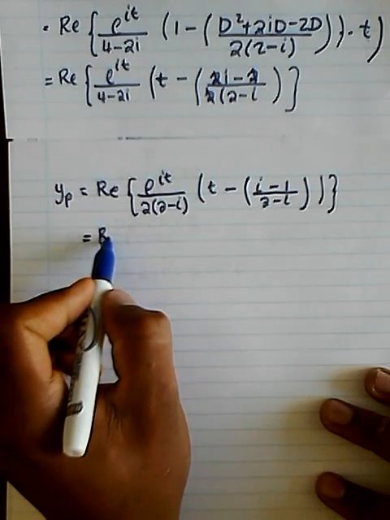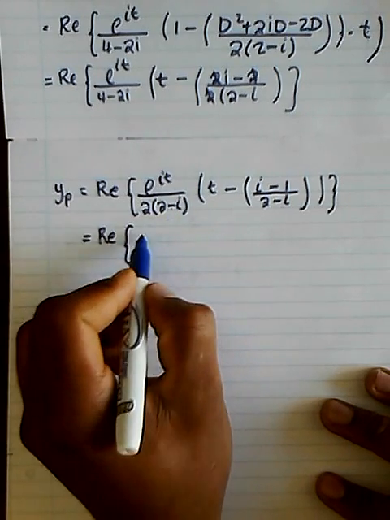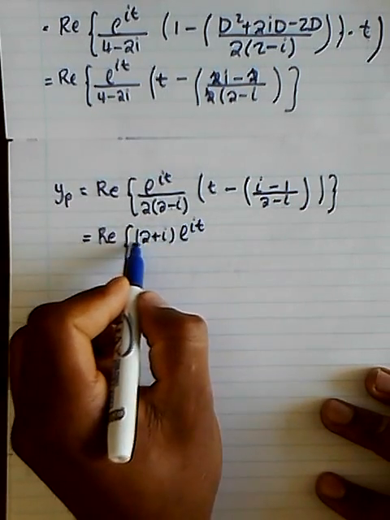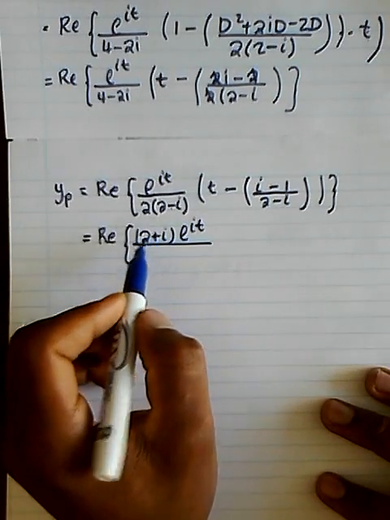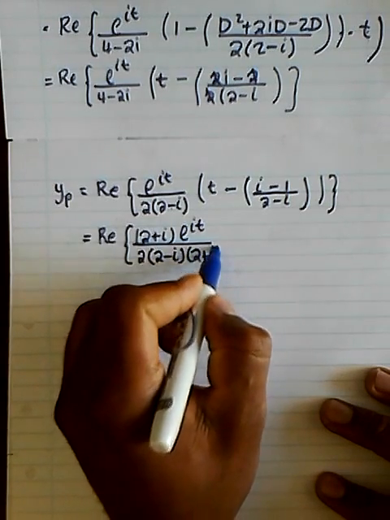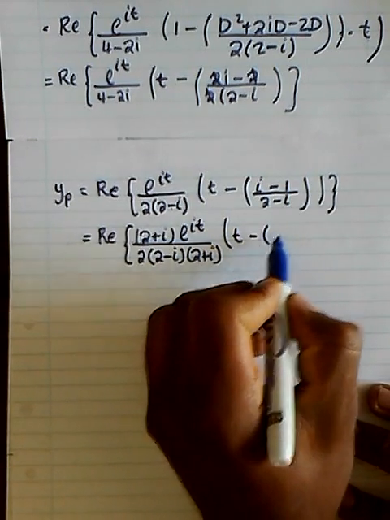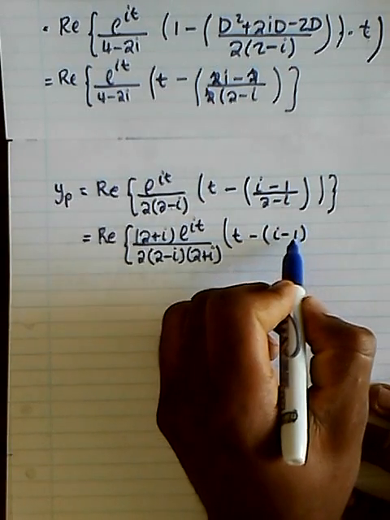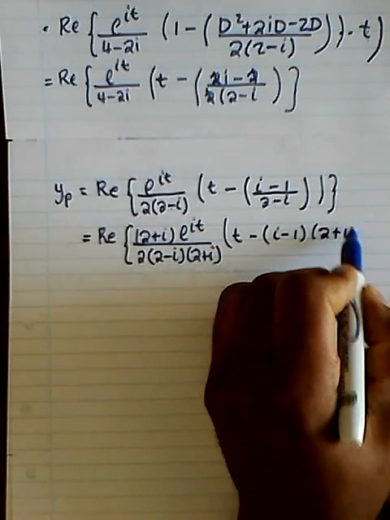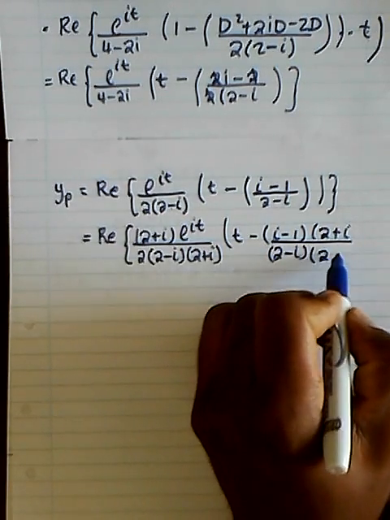So we're going to get the real part of the conjugate of 2 minus i, which is going to be 2 plus i, times e to the it, and that will be divided by 2 minus i times 2 plus i, and that is multiplied by t minus i minus 1 multiplied by 2 plus i divided by 2 minus i times 2 plus i.